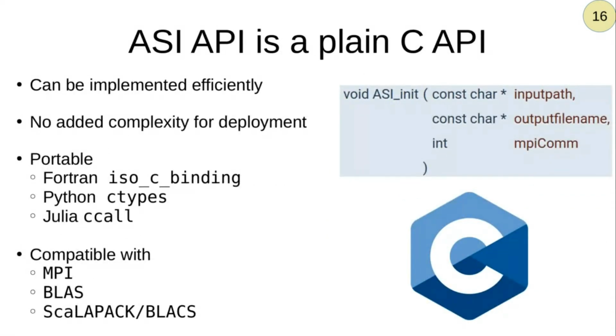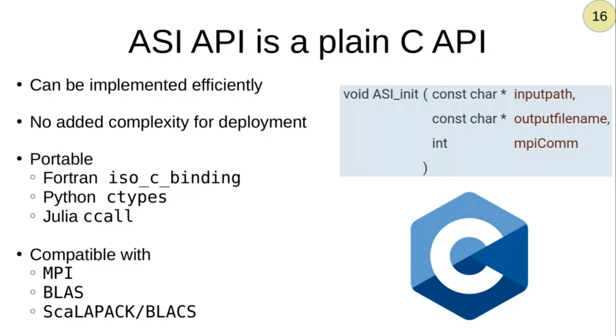So, considering these requirements, we decided to implement the ASI API as a plain C API because it can be implemented efficiently. The C language is notoriously efficient and doesn't add too much abstraction penalty.